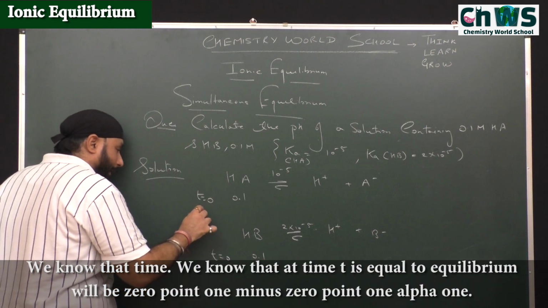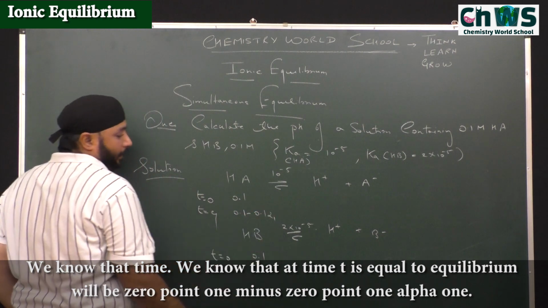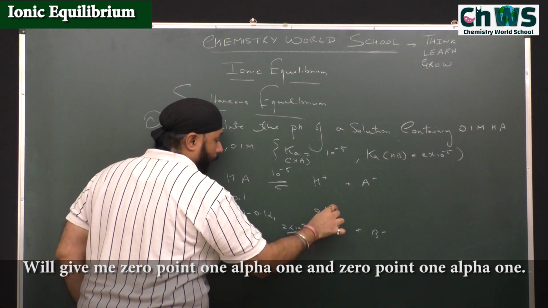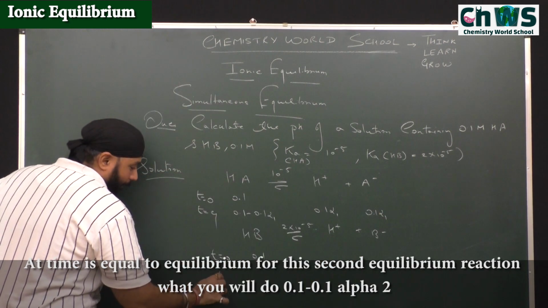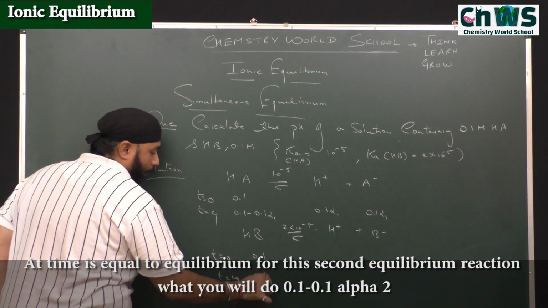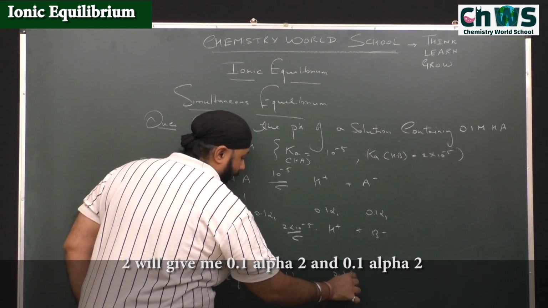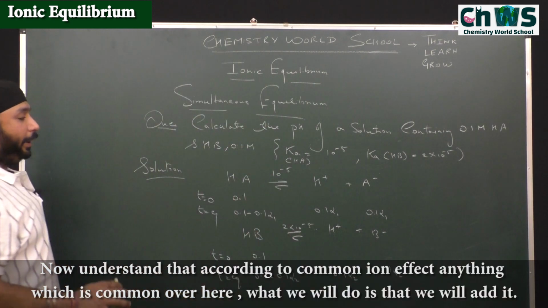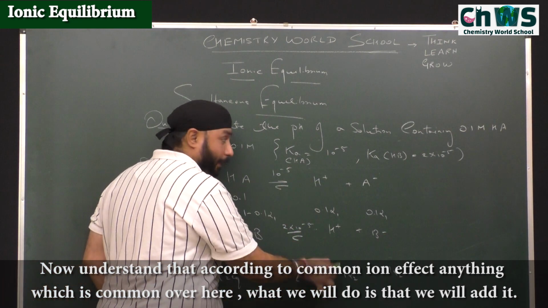At equilibrium, it will be 0.1 minus 0.1 alpha 1. Let's say alpha 1 is the degree of dissociation of the above equilibrium. It will give me 0.1 alpha 1 and 0.1 alpha 1. At equilibrium for the second reaction, we have 0.1 minus 0.1 alpha 2, which will give me 0.1 alpha 2 and 0.1 alpha 2. Now according to the common ion effect, whatever is common over here, we will simply add it, right?